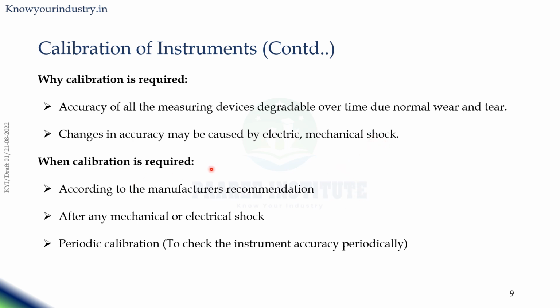Calibration is generally required as per the manufacturer's recommendation, or it can be done after a mechanical or electrical shock. And generally in a GLP analytical laboratory, a periodic calibration is followed for each and every instrument for the accuracy of the results we are getting from the specific instrument.